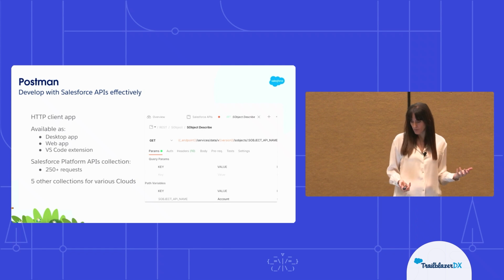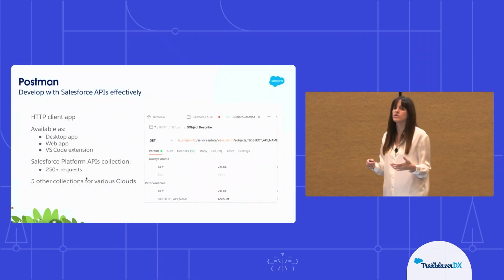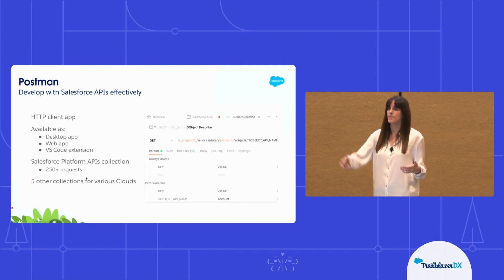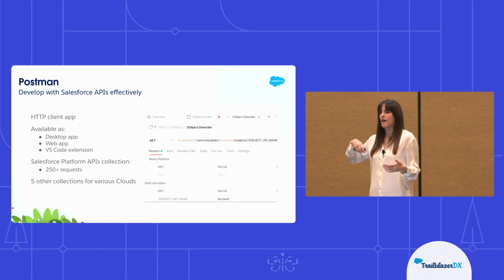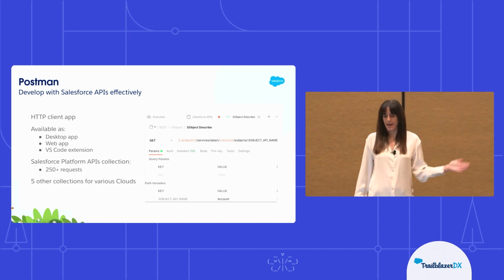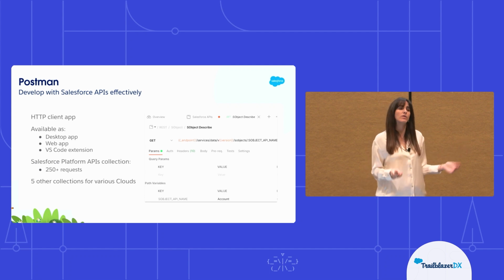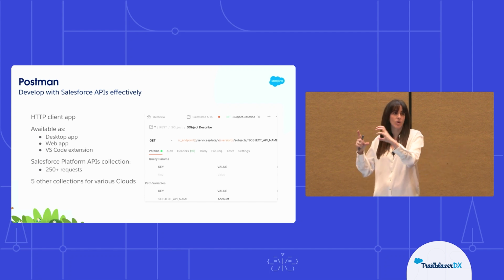The Salesforce Platform APIs collection, for instance, includes collections to reach the REST API, the Connect API, the Streaming API, all the different types of APIs that we have in the Salesforce platform. It has more than 250 requests already created, so you can go there and copy them and play with them.